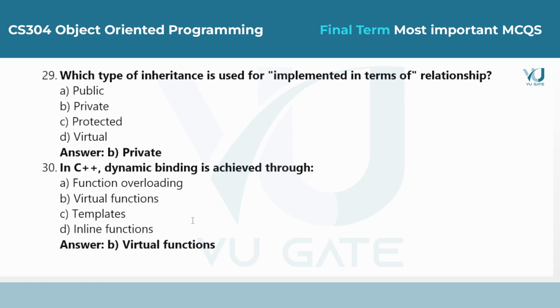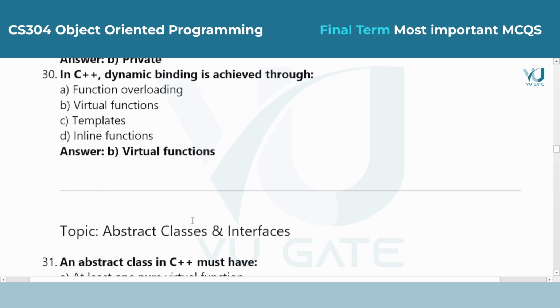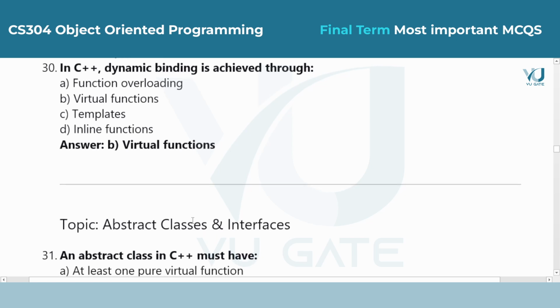Explanation: Private inheritance is used when you want to use the features of a base class internally, but you don't want to expose that relationship to the outside world. Q30. In C++, dynamic binding is achieved through. Answer: B. Virtual functions. Explanation: Dynamic binding allows the program to decide which function to call at runtime. In C++, this is only possible using virtual functions.